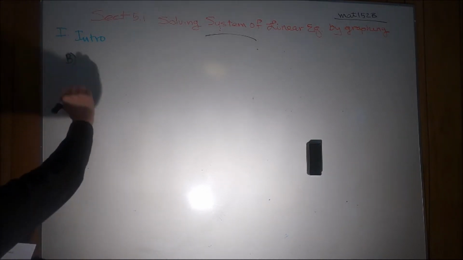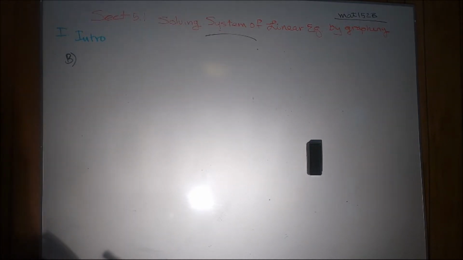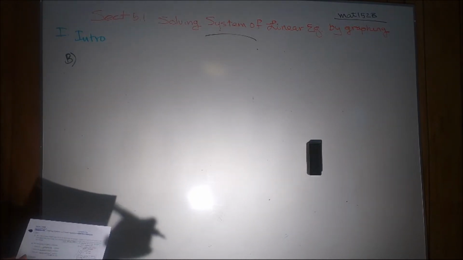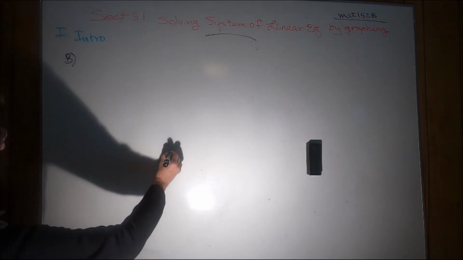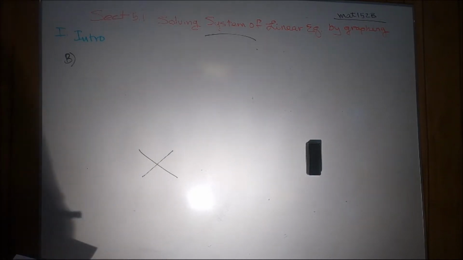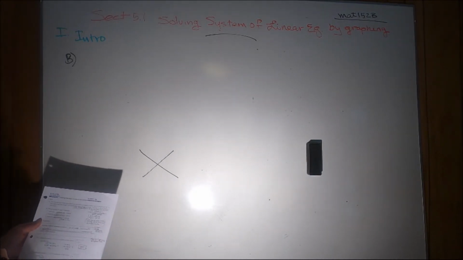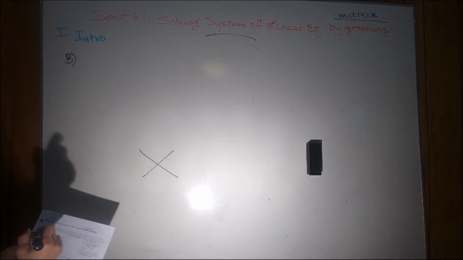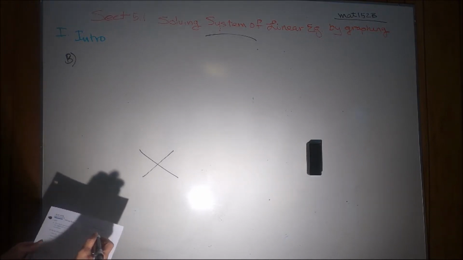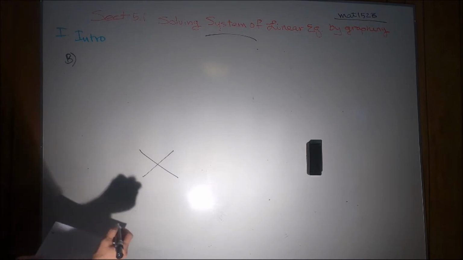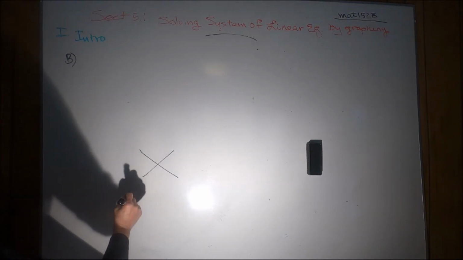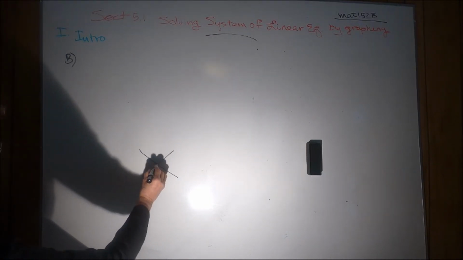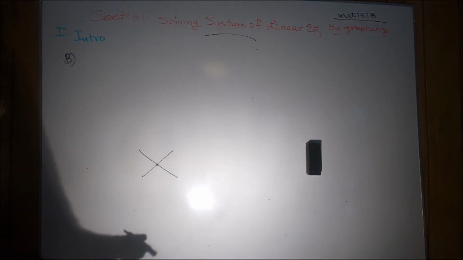So first we review the graphing, but instead of just one line, we might do 2 lines. So we are going to use 3 methods to solve the problem. If we have 2 lines, they might meet one place, right?